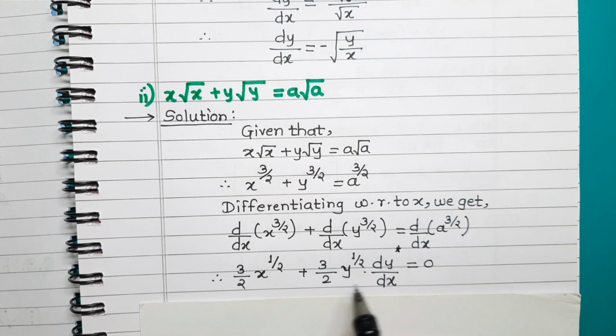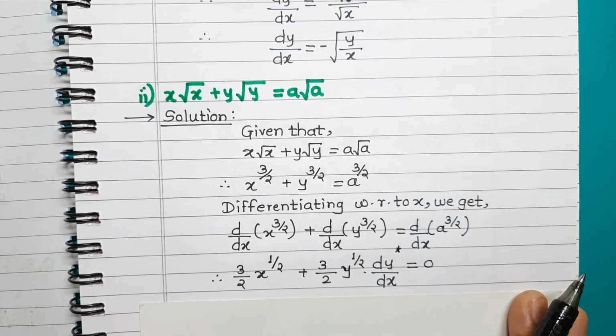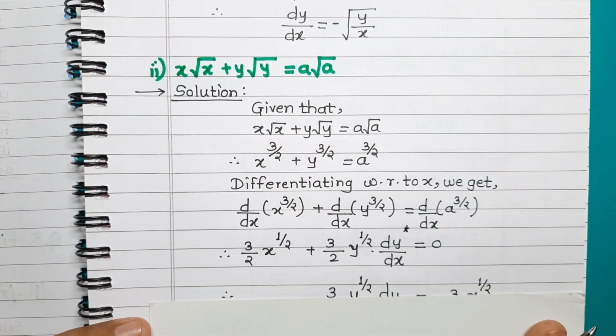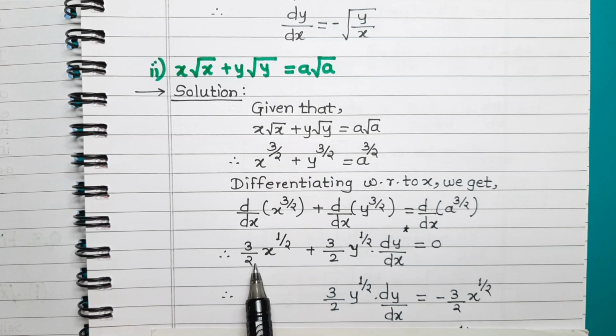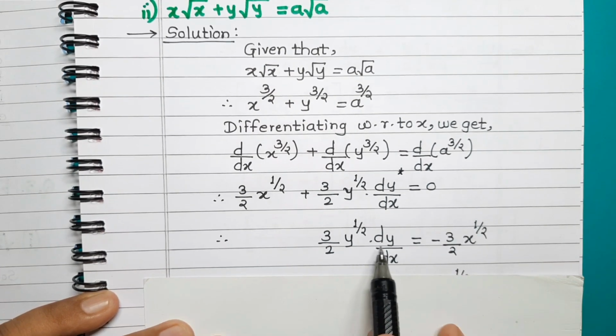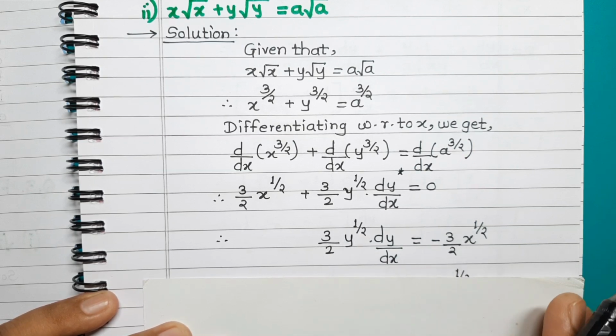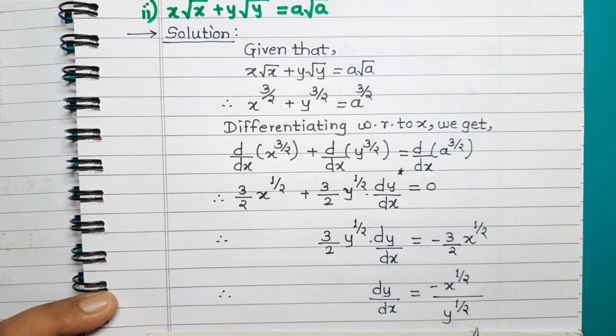You note it very properly. We have treated it as something raised to 3 by 2. So its derivative is 3 by 2 into something raised to half into the derivative of something. Okay, then let's evaluate this dy by dx. For that we have shifted this term on RHS, and then this multiplied term will be shifted on RHS to get dy by dx.